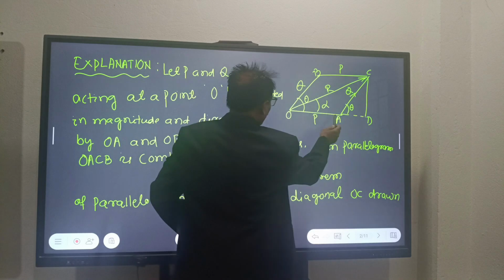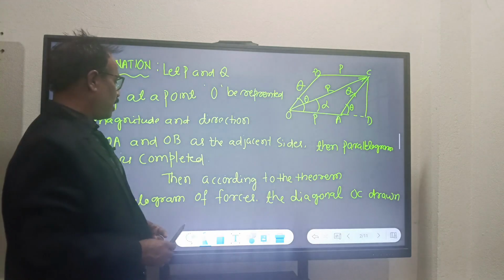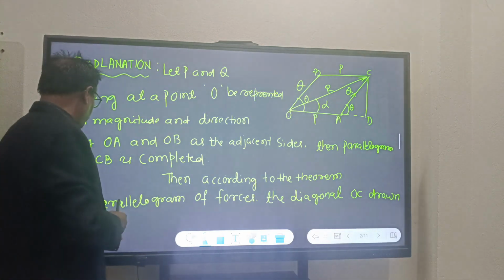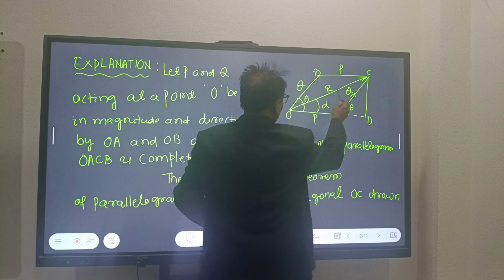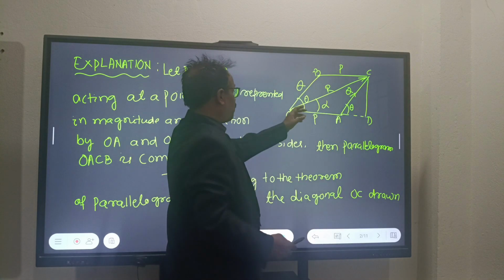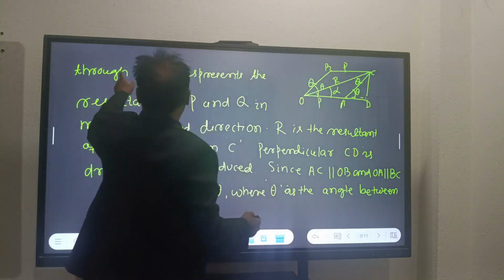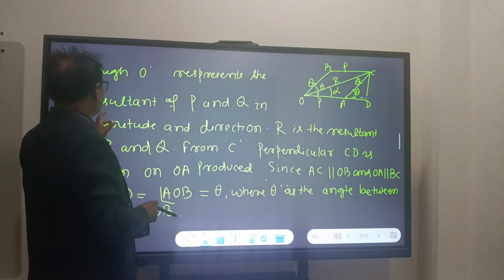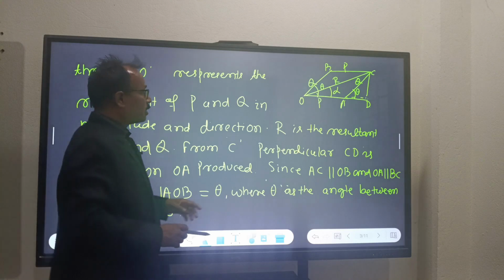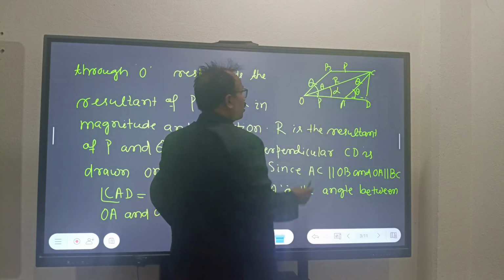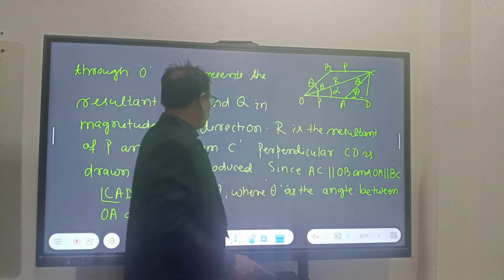Then the parallelogram OACB is completed. Then according to the theorem of parallelogram of forces, the diagonal OC, drawn through O, represents the resultant of P and Q in magnitude and direction.